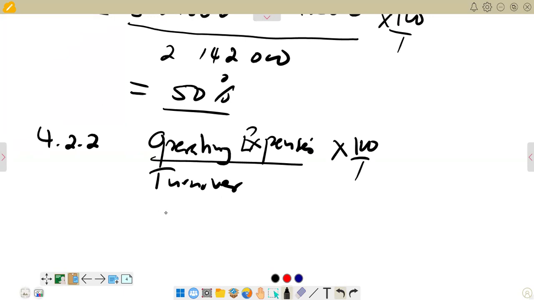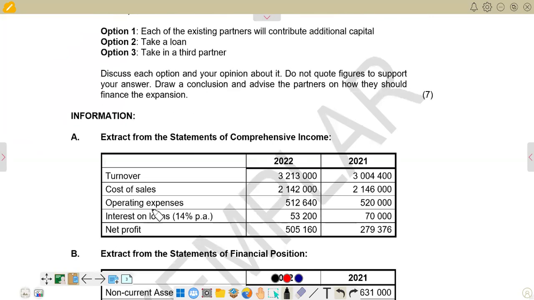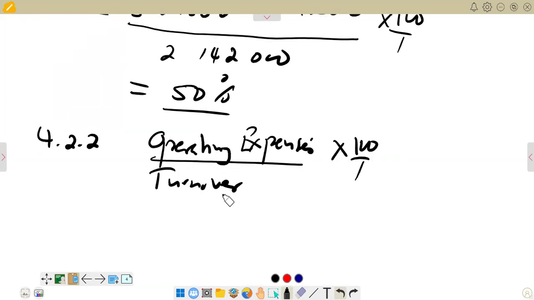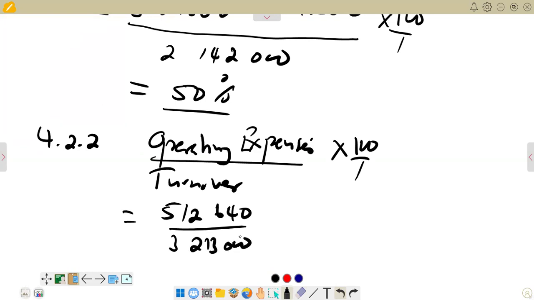Remember, we got the figure for operating expenses. Let's just refer back there. Operating expenses are 504,640, over turnover of 3,218,000, and then we multiply by 100 over 1.